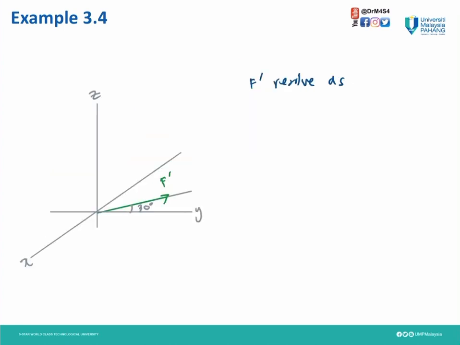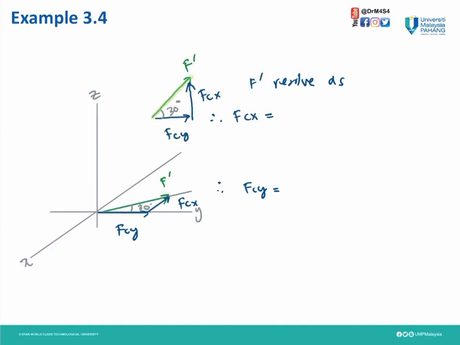Once we get our F prime, we can resolve into the X direction as FCX and into the Y direction as FCY, and the angle given there is 30 degree. So we resolve F prime into the X direction.